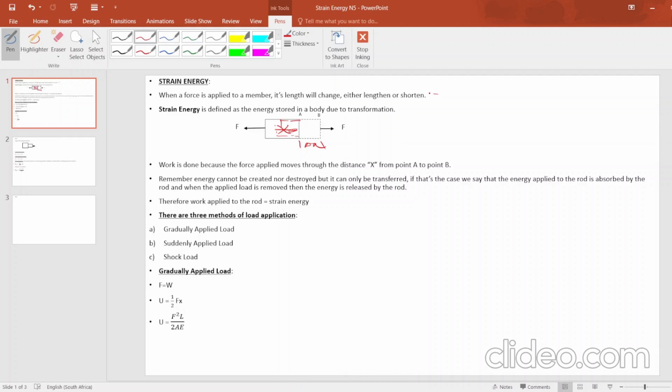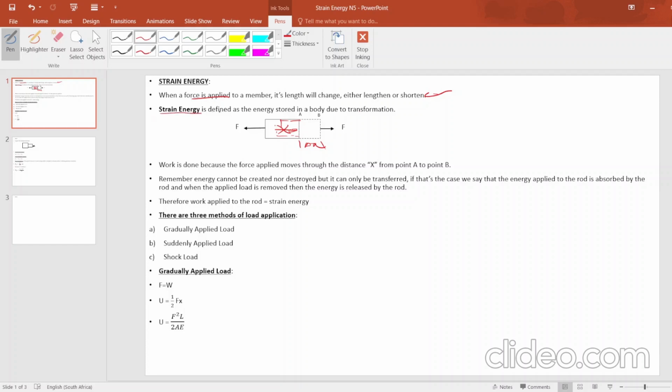That is the first indication that we get when we apply a force to a member or any steel structure. Let us therefore define the strain energy. Strain energy is defined as the energy stored in a body due to transformation.